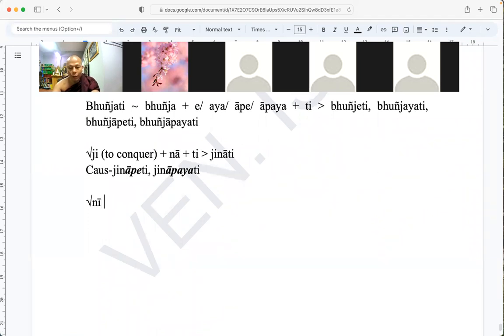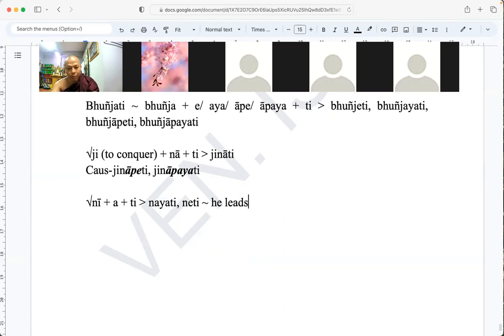To the root ni, and then the sign is R, and then D. So we have Nayadi, and as a contracted form, Nadi. This Aya is changed to the A. So he leads.